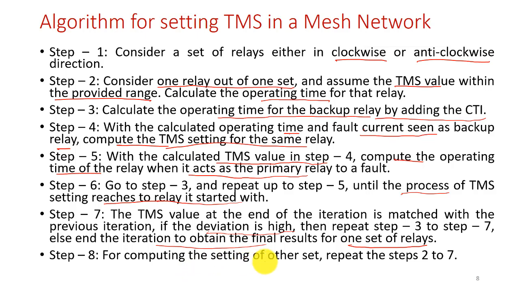Then for computing the setting of the other set which is left, we can repeat the steps 2 to 7. Again we need to repeat these steps and we'll find the setting for the other set of relays. So this is a general algorithm for setting TMS in a mesh network.